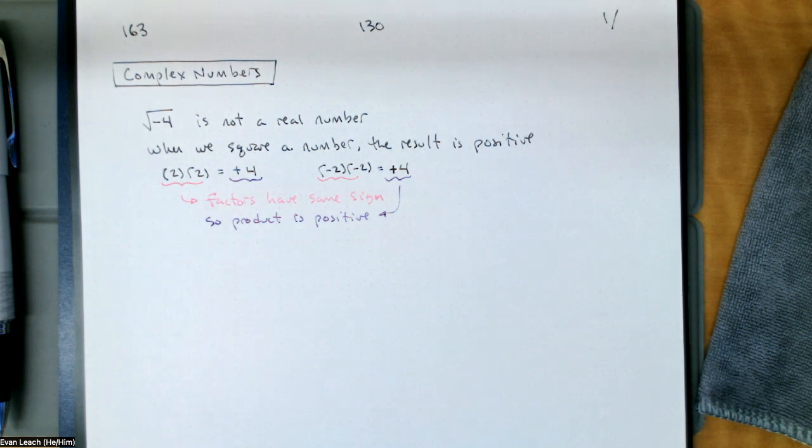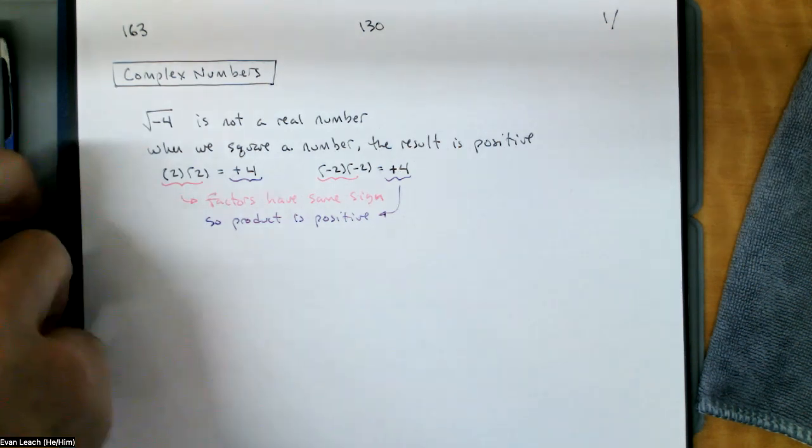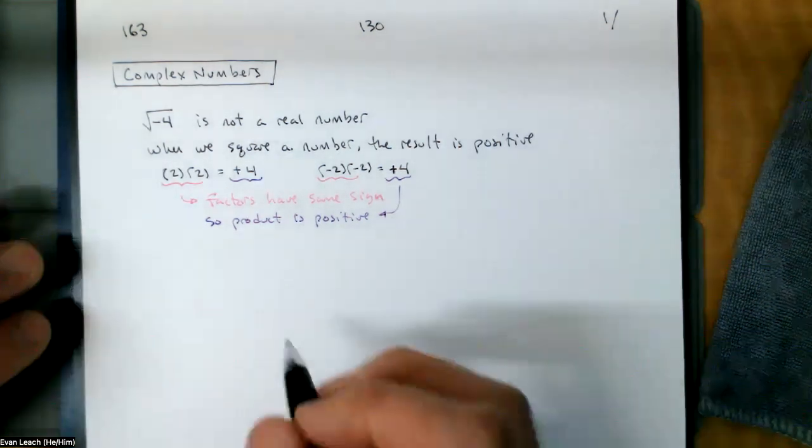Not happy with this, we say, well, what if we invent an extra number that's not one of these regular numbers, such that when we square it, we do get -1? So we invent the imaginary unit.